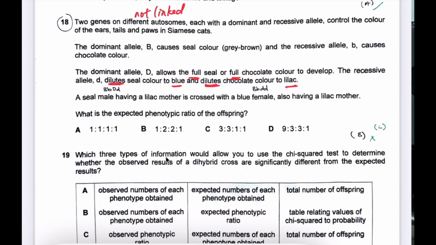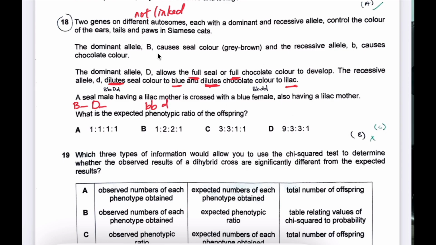Okay, so you have a seal male. Seal means B, full. Lilac is where you must have chocolate first, then the chocolate will be diluted to lilac.